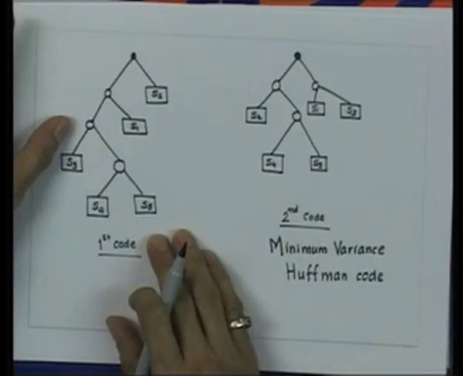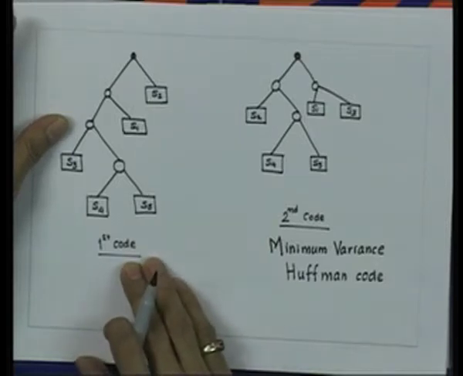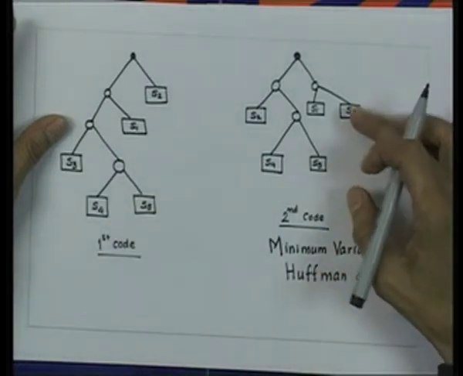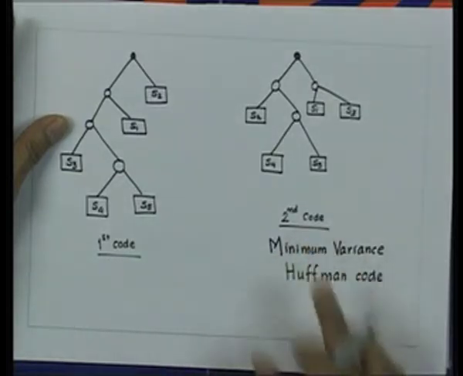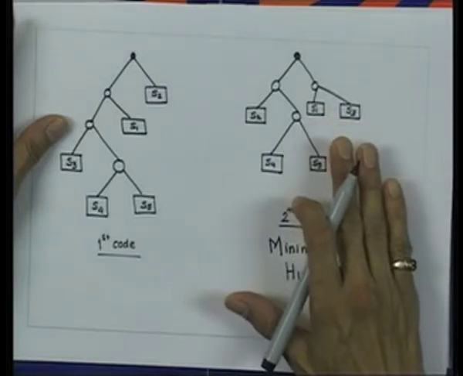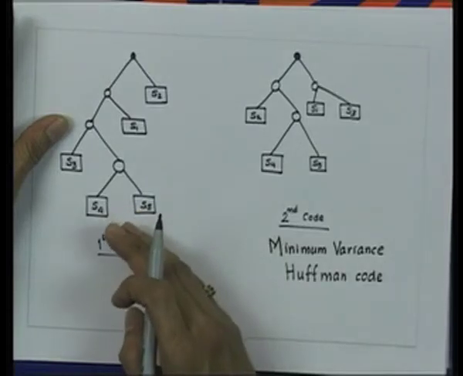But there is a little difference between these two codes, and to look at the difference, let us look at the binary trees for both the codes. On the left hand side I have a binary tree representation of the first code, that is the code which we designed in the last class, and this is the code which we designed today. If we call this the first code and this the second code, you can calculate the variance for each.